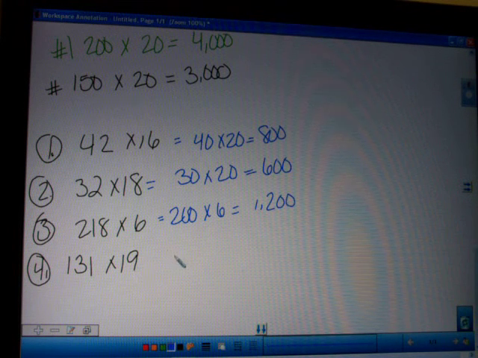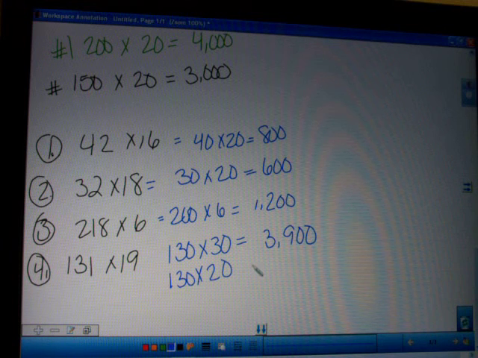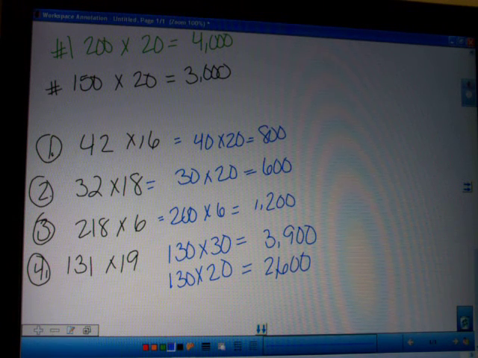And for this one, I'm going to do 130 times 30, just because it's easier numbers for me to multiply in my head, and that gives me 3,900. You could also make this 130 times 20, and that would give you 2,600. The nice thing is that there's always more than one way to go about doing it.